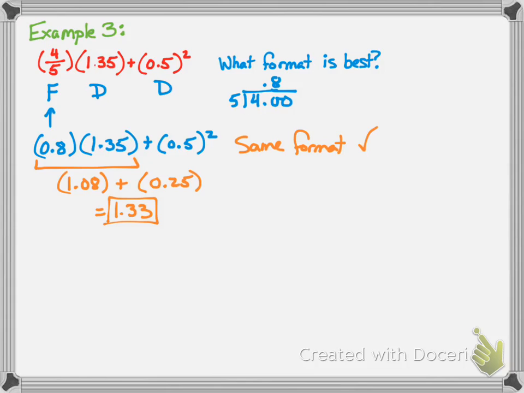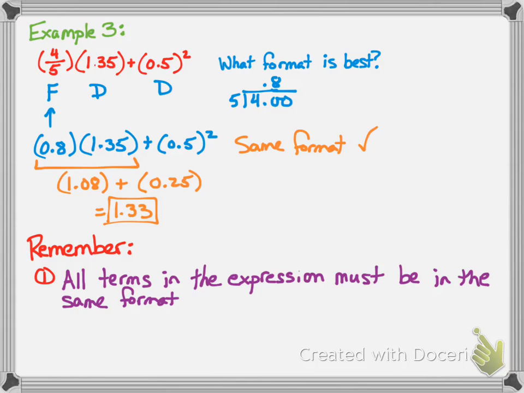A couple things we want to remember. Number one, all terms in the expression must be in the same format. In other words, all must be fractions or all must be decimals before you can combine them. So first, convert everything into one format and then combine them through addition, subtraction, multiplication, or division.